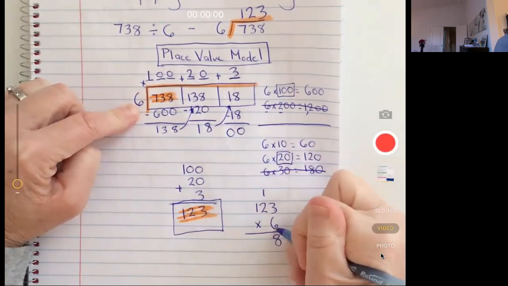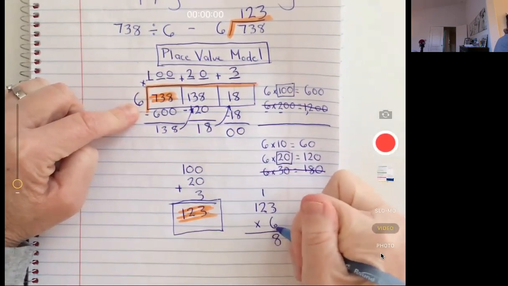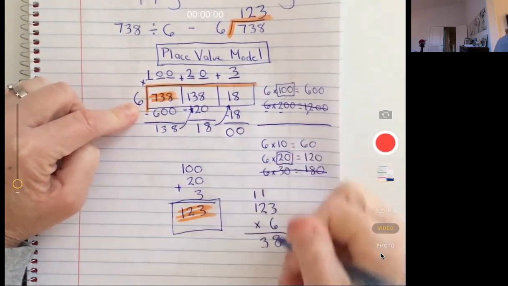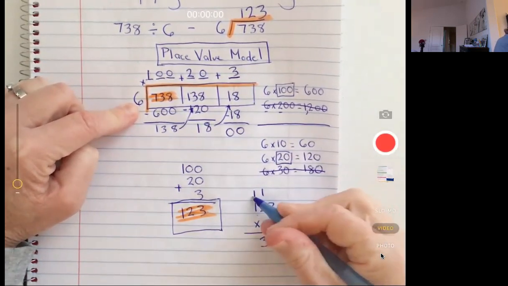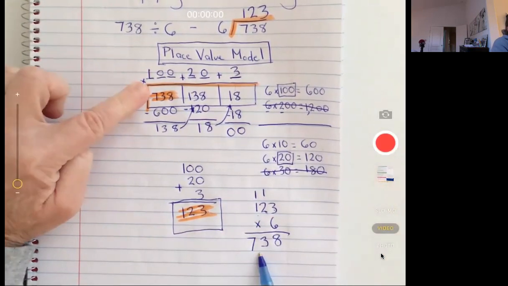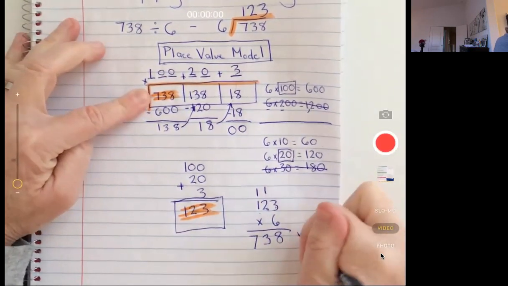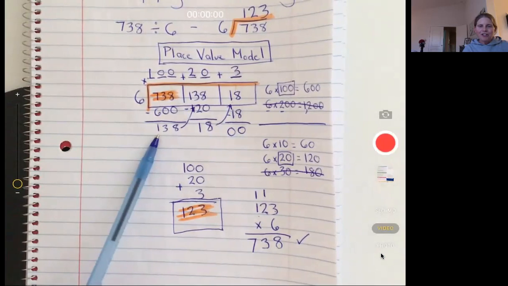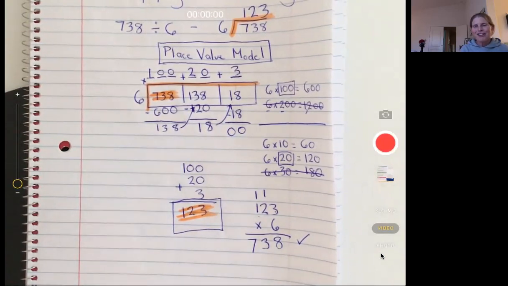Carry the 1. 6 times 2 is 12, plus 1 is 13, carry the 1. 6 times 1 is 6, plus 1 is 7. 738, 738. It checks. And that's how we do the place value model for division using some multiplication.